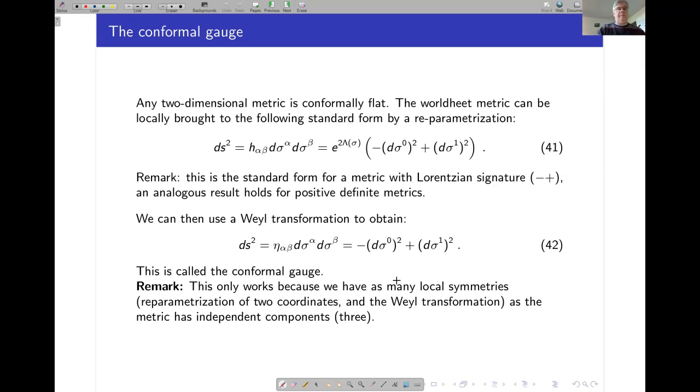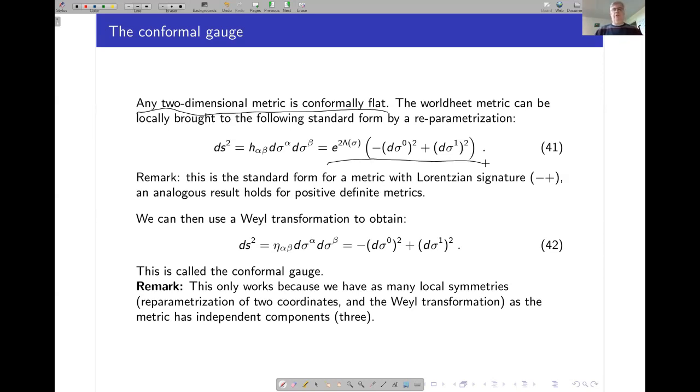We can use a mathematical fact, namely any two-dimensional metric is conformally flat. Conformally flat means the metric can always be written, by applying a coordinate transformation or reparametrization, as the standard flat metric multiplied by a conformal factor, a nowhere vanishing positive function. This is what it means to be conformally flat.